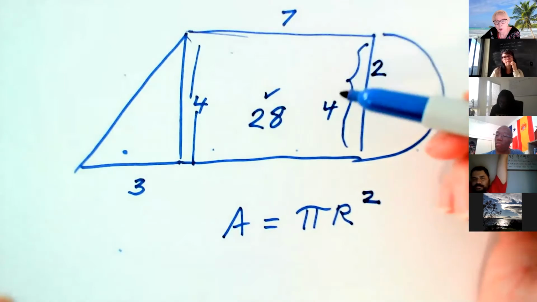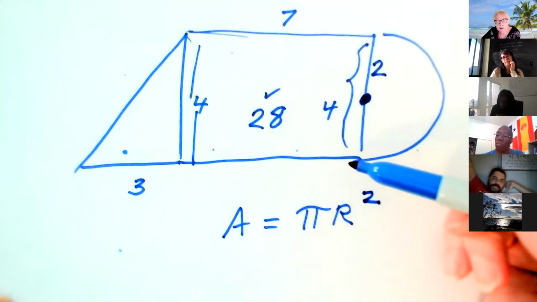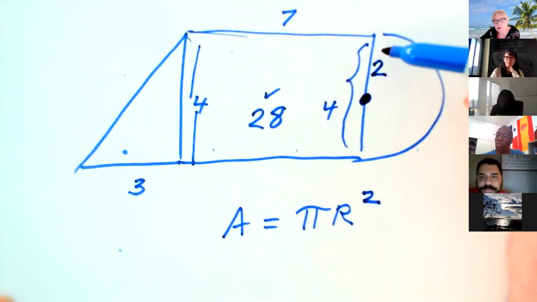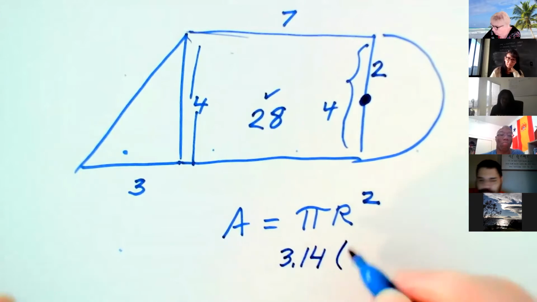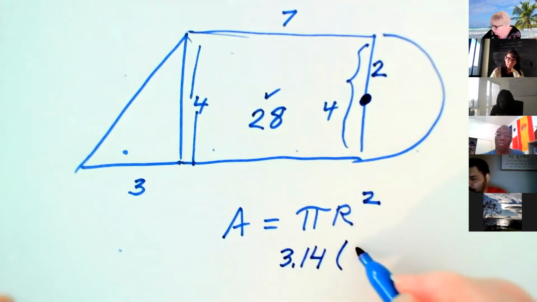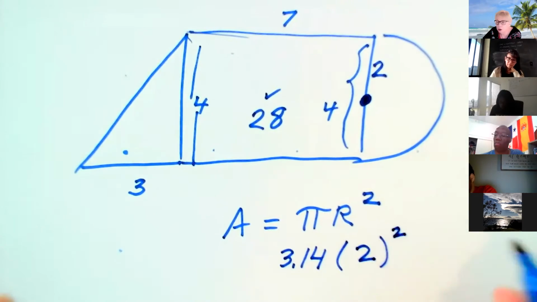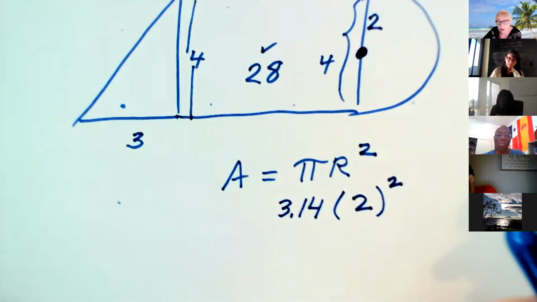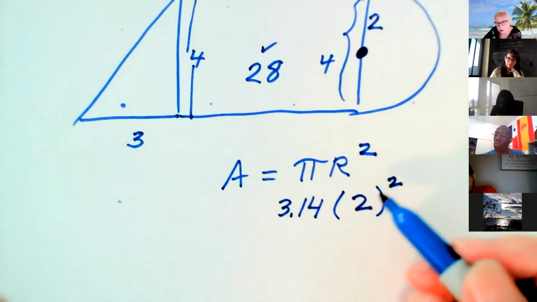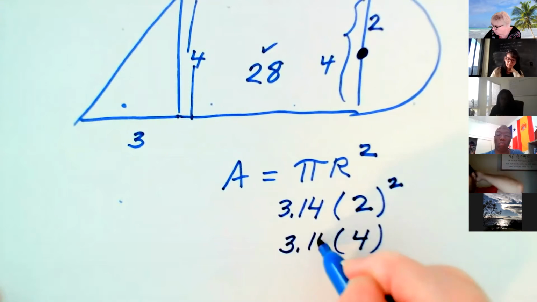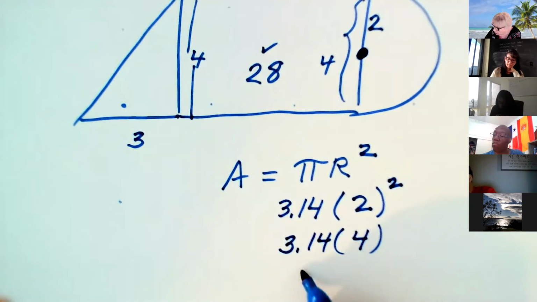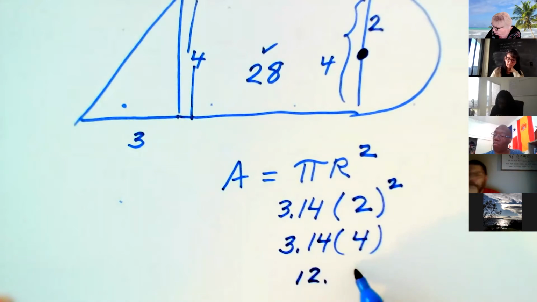Remember, this whole thing going through the center is 4, that's the diameter. The radius is 2, so that would be 2 squared. You have to square first. So 2 squared is 4, multiplied by 3.14. That's 12.56.